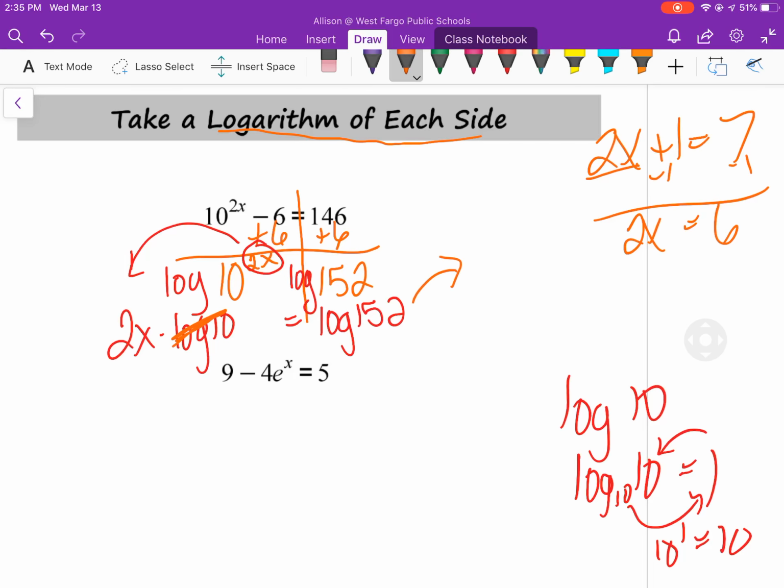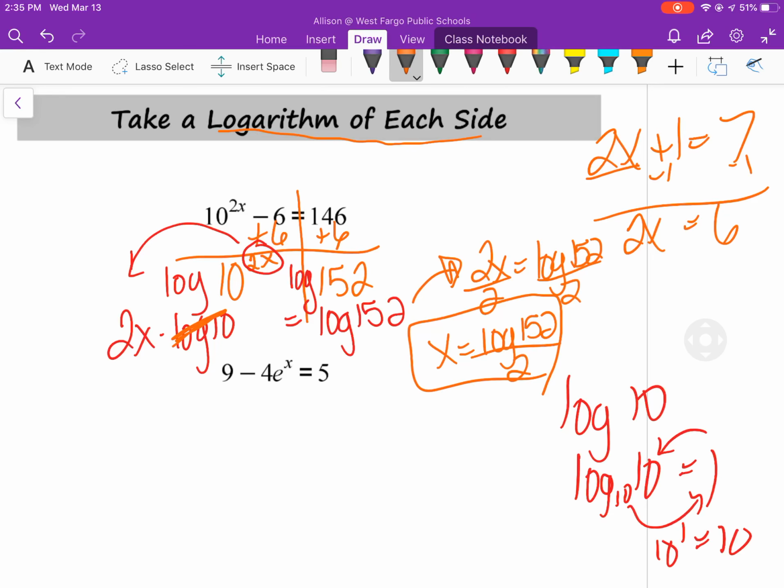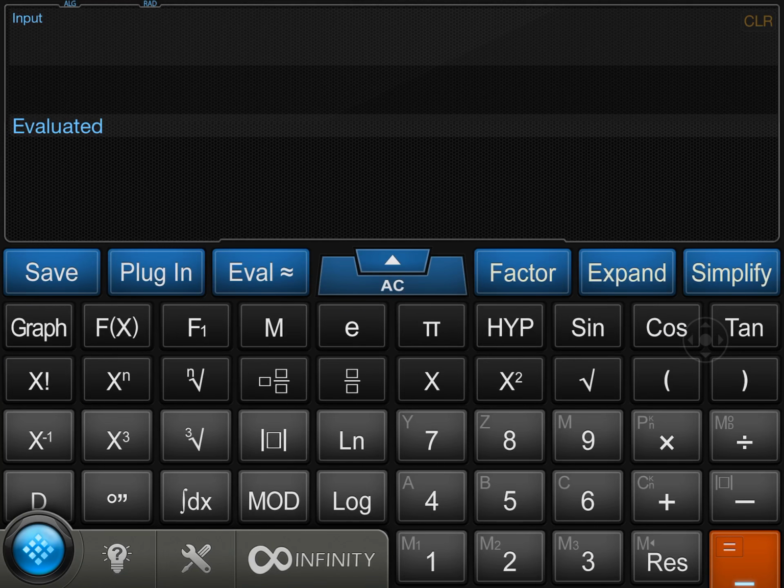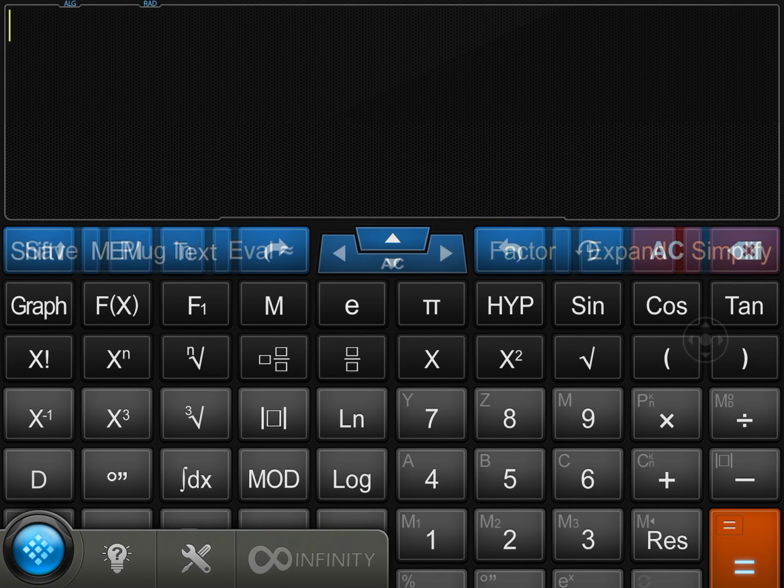I'm going to finish solving over here. So I get 2x equals log of 152, and then divide by 2 on both sides, and get x equals the log of 152 divided by 2. I can't simplify the 152 with the 2 because it's log of 152, not 152 by itself. I'd have to use a calculator to find the approximate value of that.